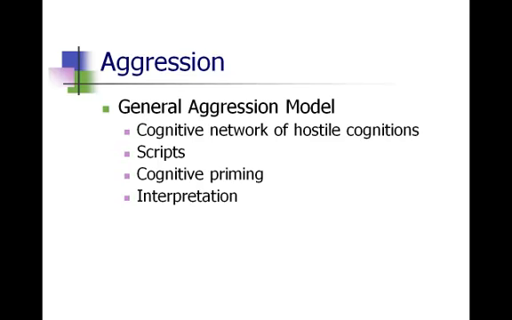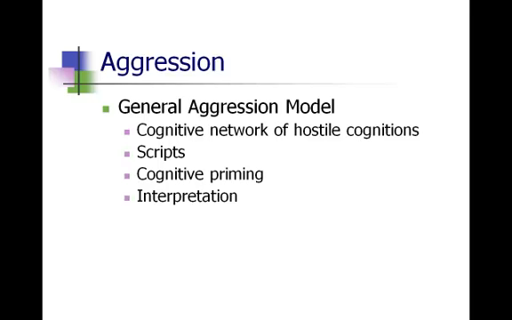And cognitive theorists also talk about the influence of this way of thinking about hostility and aggression, in terms of people who are really aggressive tending to interpret things in line with their schema, right?